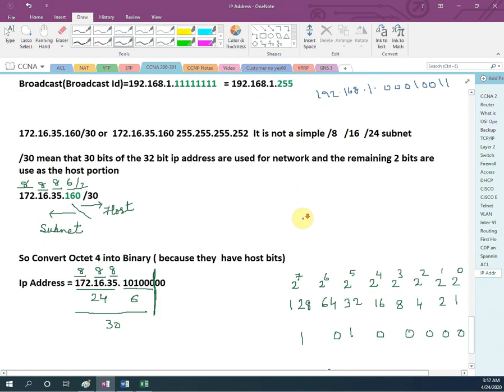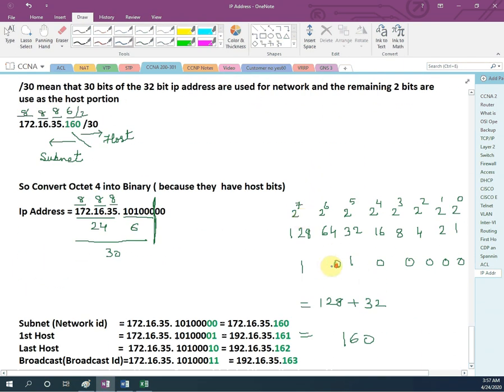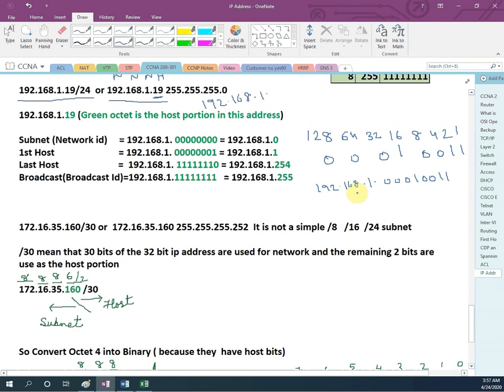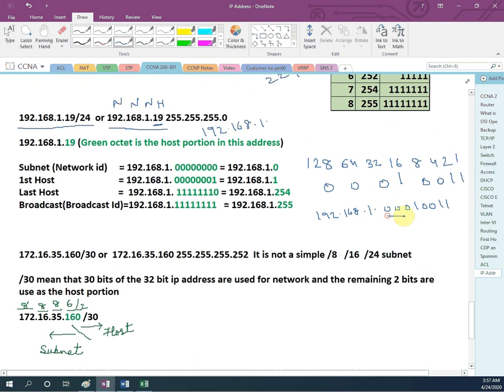All of these are host portion, so we need to put 0 here. So directly I will write this as 0. I wrote 192.168.1 dot, all 0.